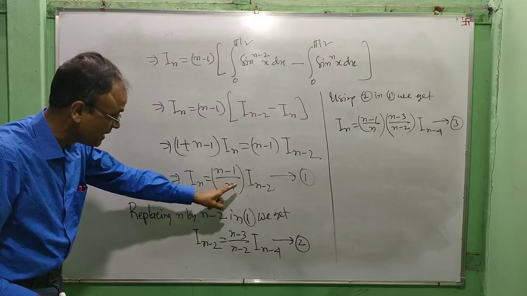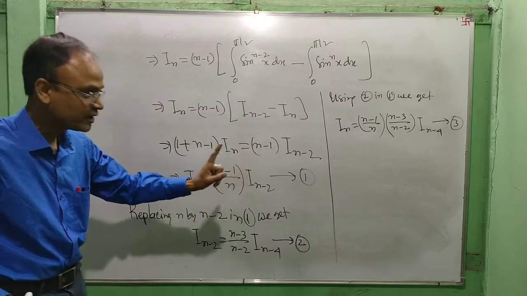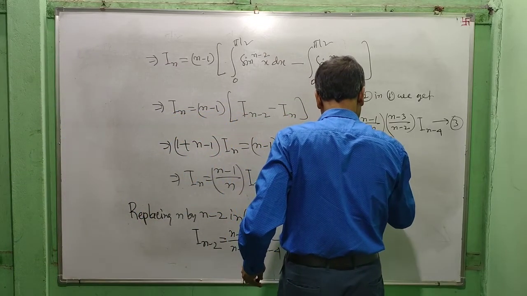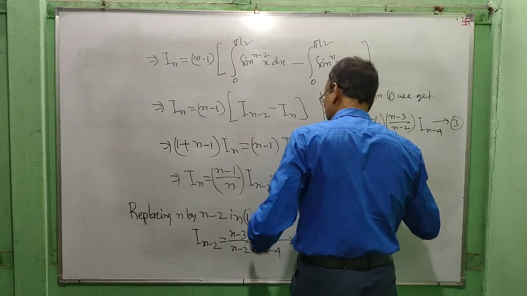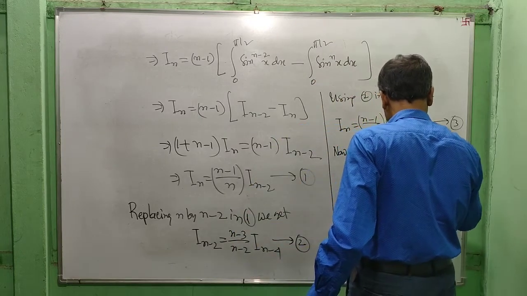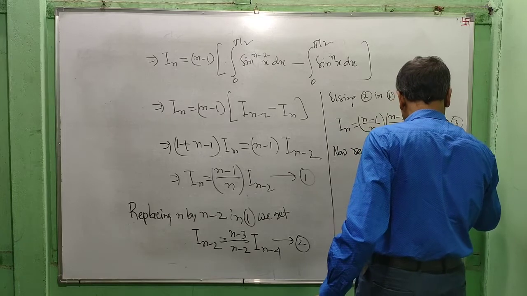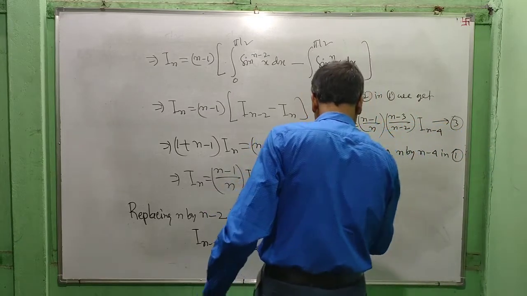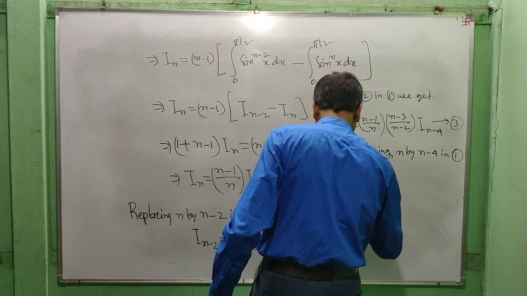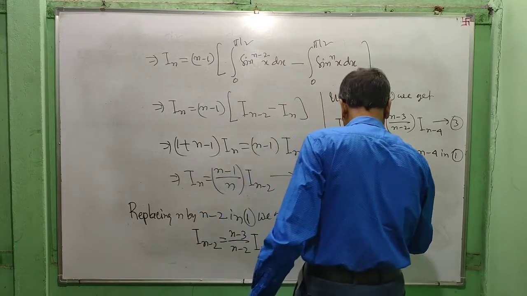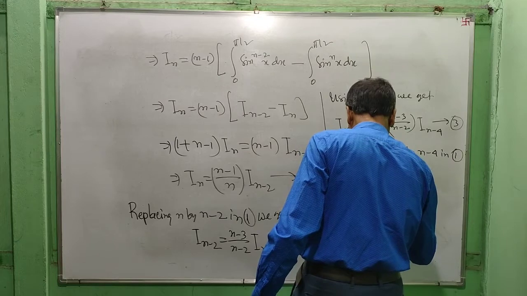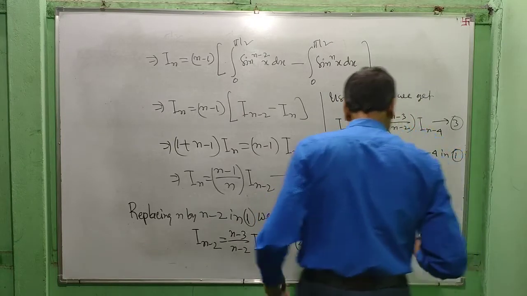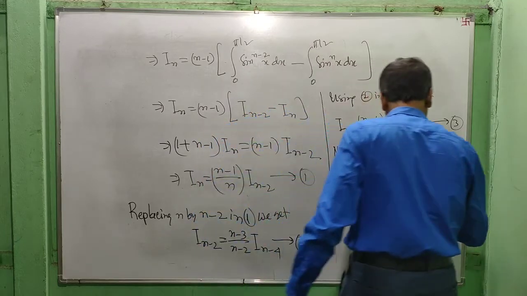Now, replacing n by n minus 4 in 1, we get In minus 4 equals n minus 5 by n minus 4, In minus 6. Suppose this is number 4.